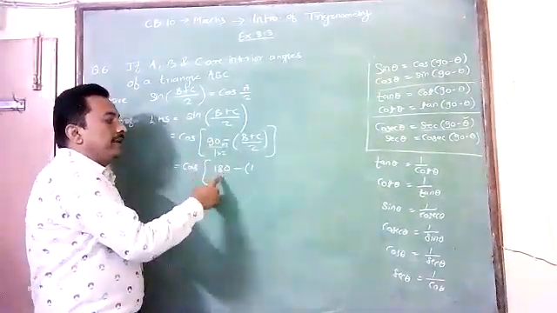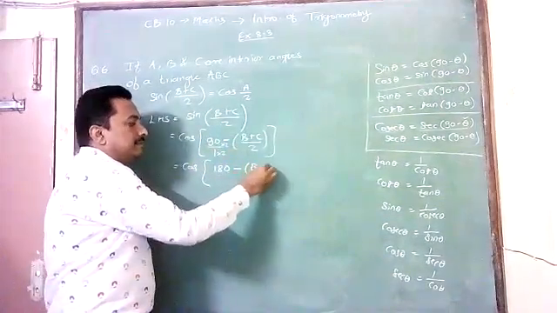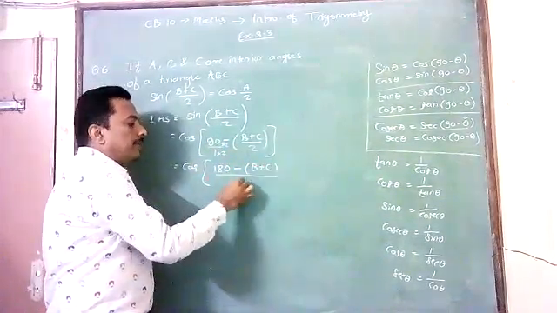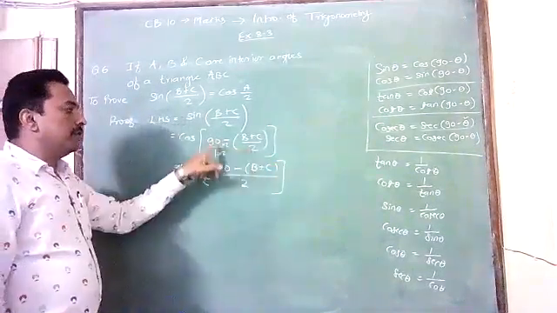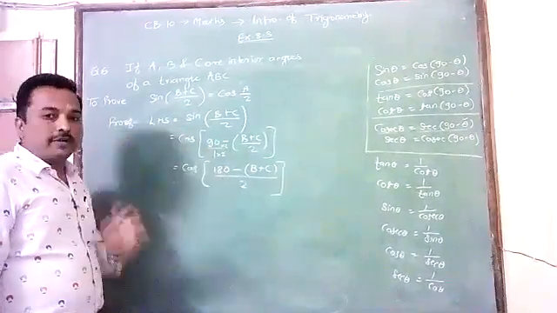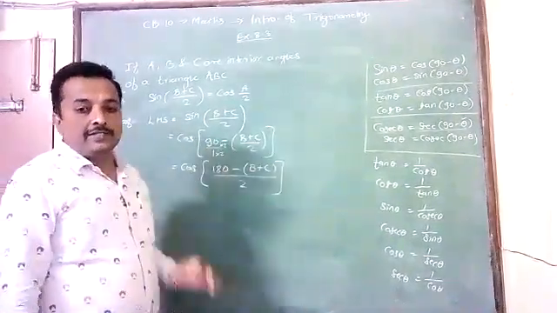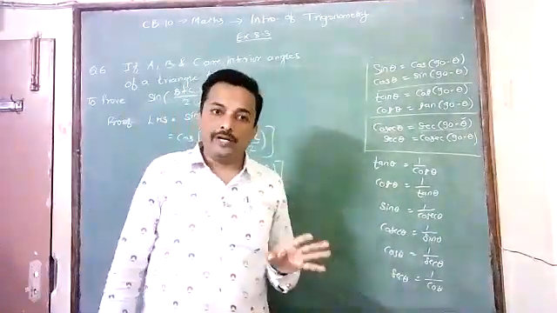90 into 2, 180. Then B plus C as it is, and the whole denominator is 2. पहले इसका डिनोमिनेटर 2 था. Now we multiply this 90 into 2, this becomes 180. Now we know that sum of angles of a triangle is equal to 180.